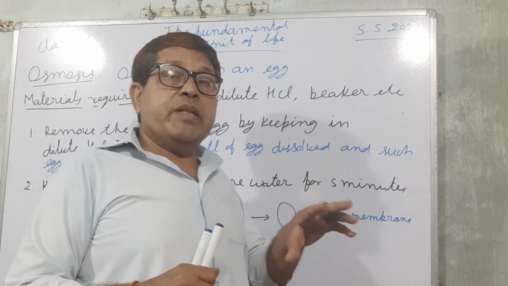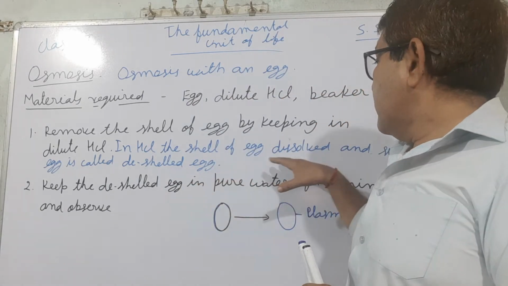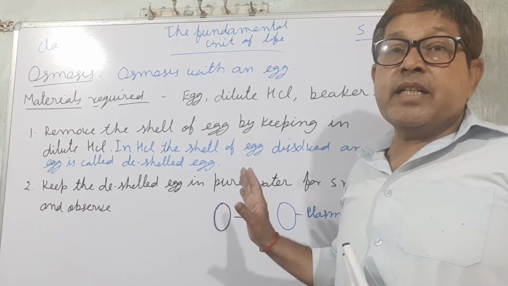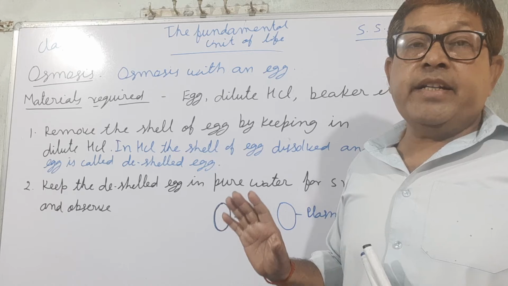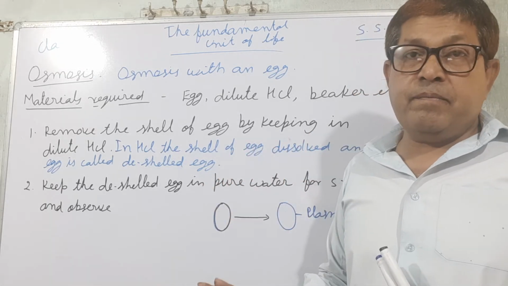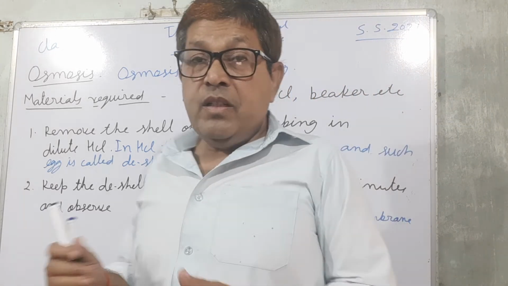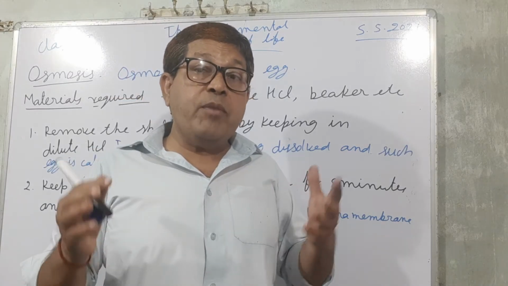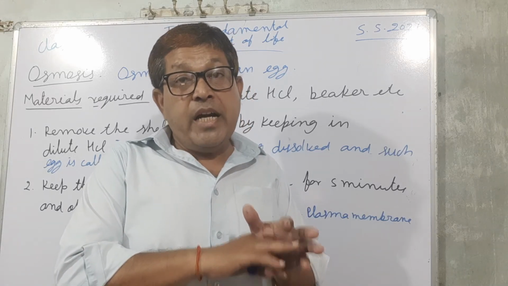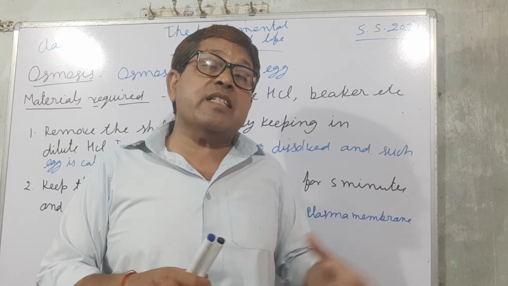When we keep the decelled egg in pure water, the plasma membrane is a selectively permeable membrane. Since outside there is more water in comparison to inside the cell, water from outside enters inside the cell.